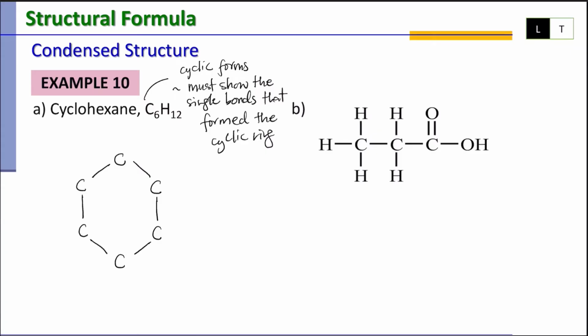So sebab tu saya akan tulis sebagai H2 close to this carbon. Okay, each of them saya akan tulis H2. Same goes here. And then here, saya terbalikkan H2 like this. Okay, dan same goes here, H2 like this. So ini cara kita lukis condensed structure for cyclic ring.